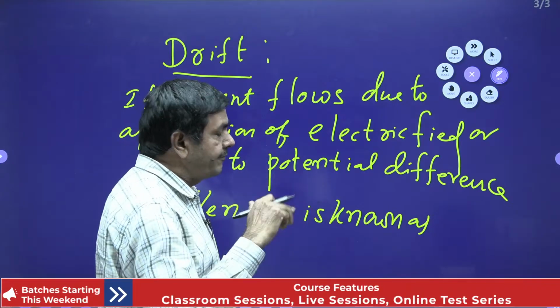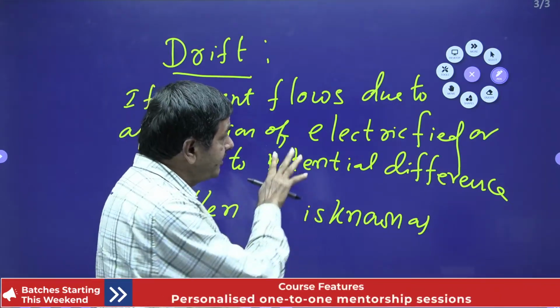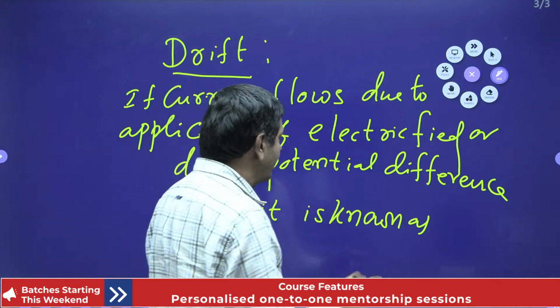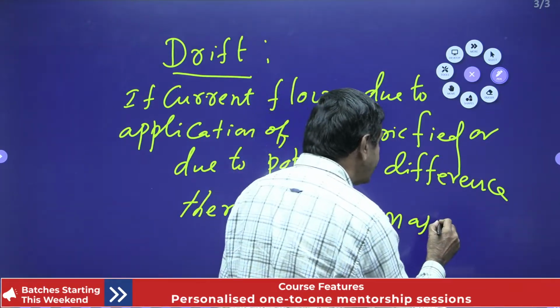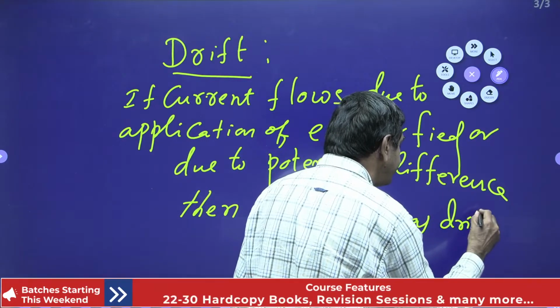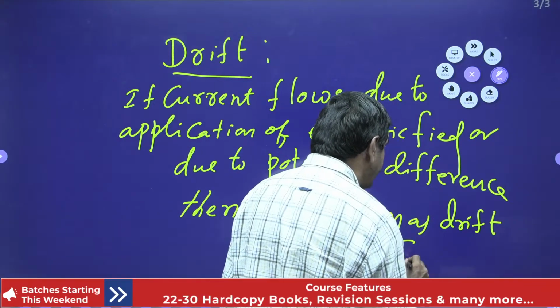The drift mechanism occurs due to the electric field and potential difference, and the current passing due to this drift is called the drift current.